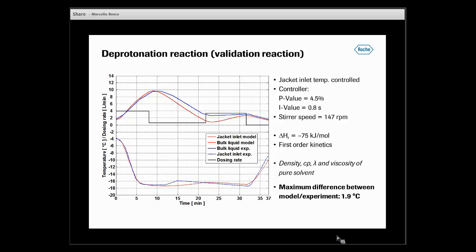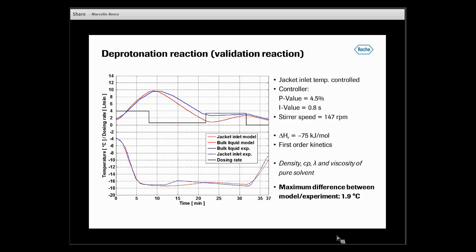And we cool down to about minus 70 degrees. And as the reaction goes on, we see the temperature rises up to 10 degrees. Afterwards, the dosing was reduced to a very small amount, about 0.5 liter per minute.